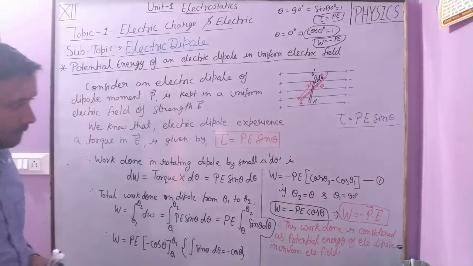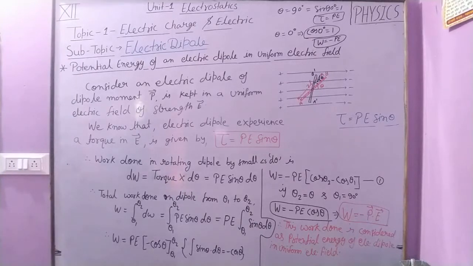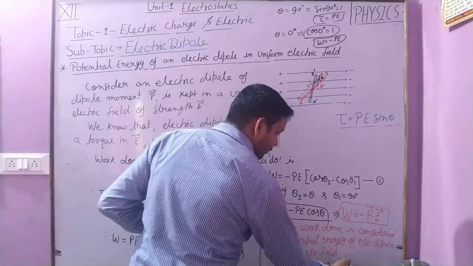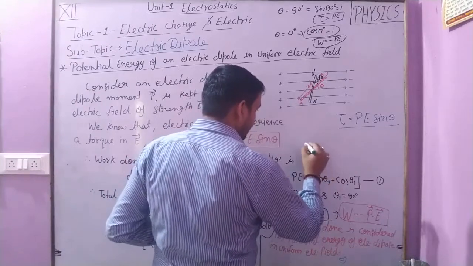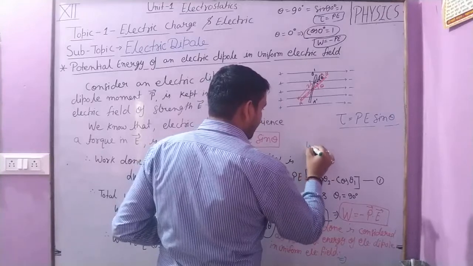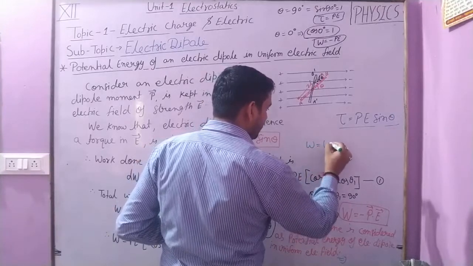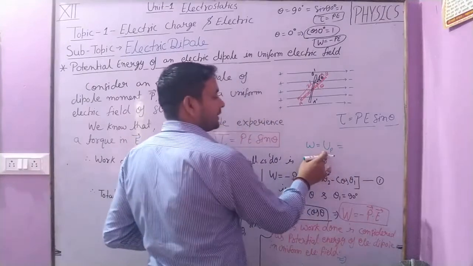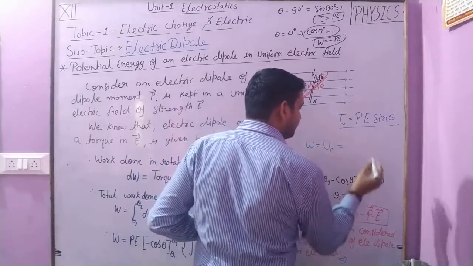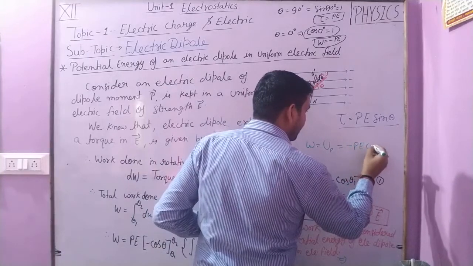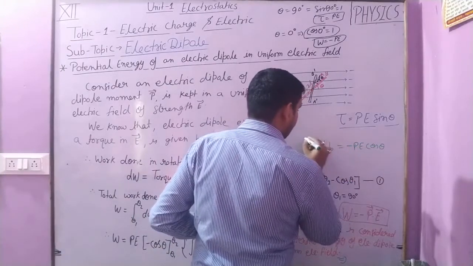You can also write that W is equal to U, where U is the potential energy of the dipole, equal to minus PE cos theta.